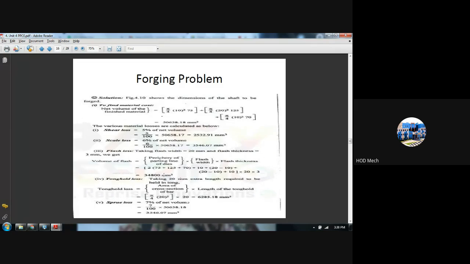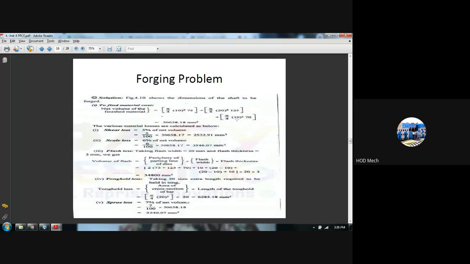Now what is the formula? Volume of section A plus volume of section B plus volume of section C. The formula is pi by 4 d square into h. For section A, the diameter is 10, so pi by 4 into 10 square into 75, the length of section A. Plus pi by 4, section B diameter 20, so 20 square, length is 125.